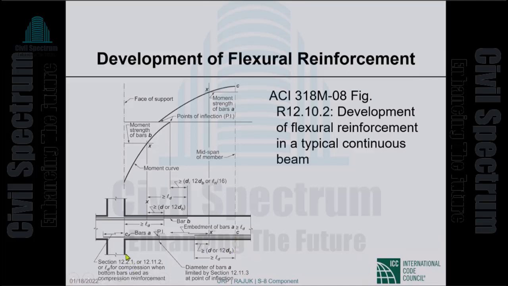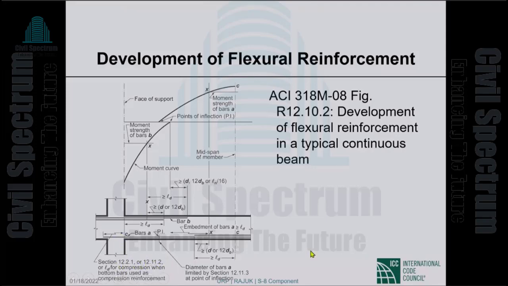And then additionally, this has not come up in discussion so far. These bars that are continuing into the support must have L sub D for compression, or they have to satisfy 12-1 and 12-11-2. You can look those up.